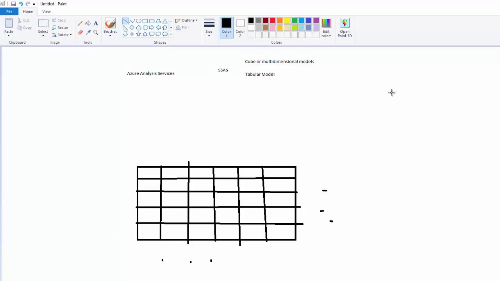But what if I want to know the sales amount for a particular region, at a particular time, for a particular product, and so on? There, the sales amount involves three dimensions: one is the time, one is the place, and one is the product.